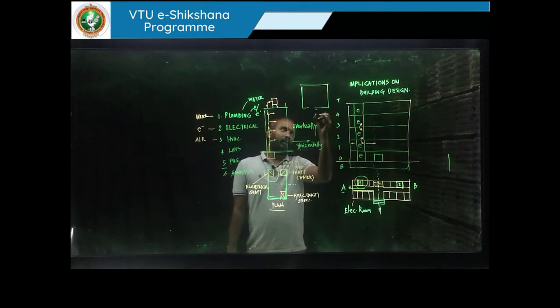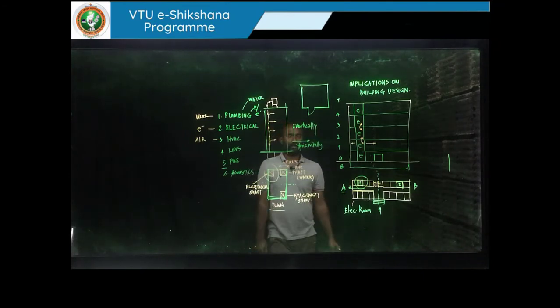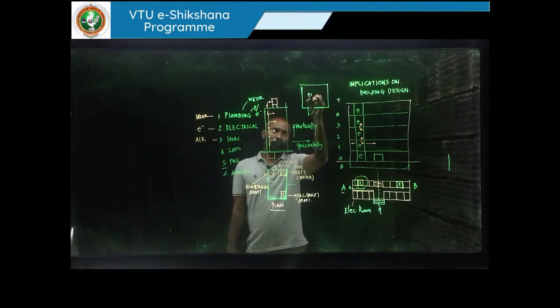Usually as a standard, whatever door that we are going to show, even though we say the doors cannot open onto a corridor in our regular architectural practice, this room, which is your electrical room or the services room, will always have its door opening outside.